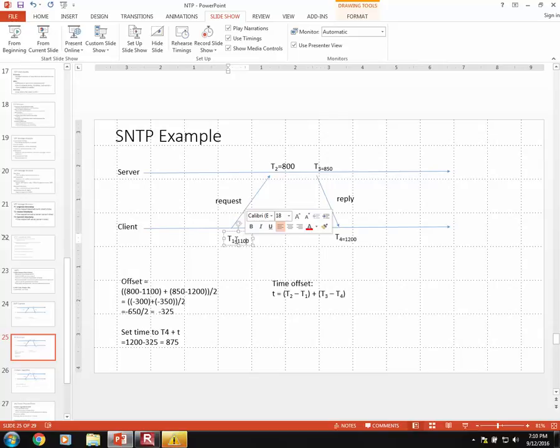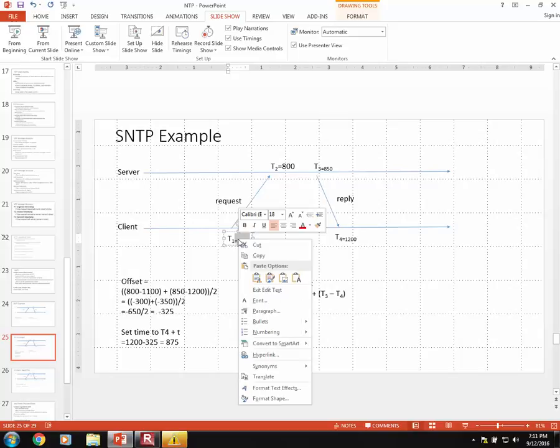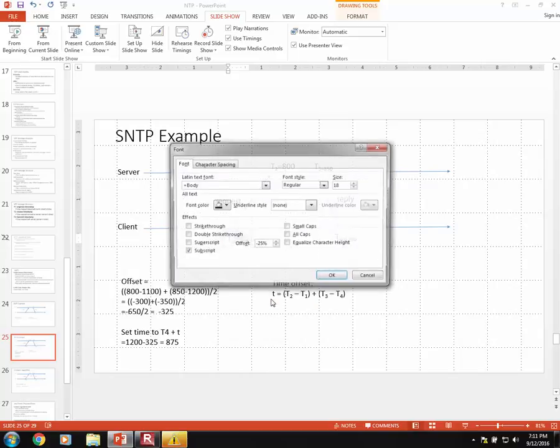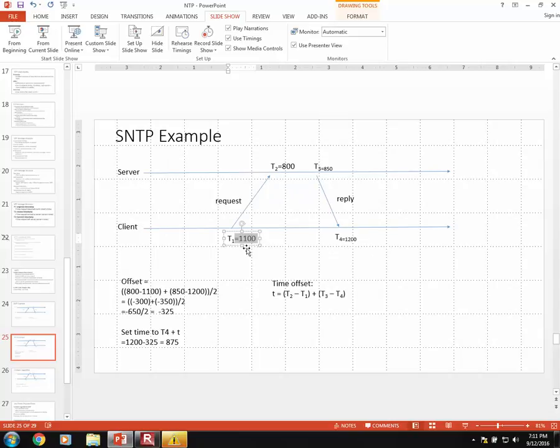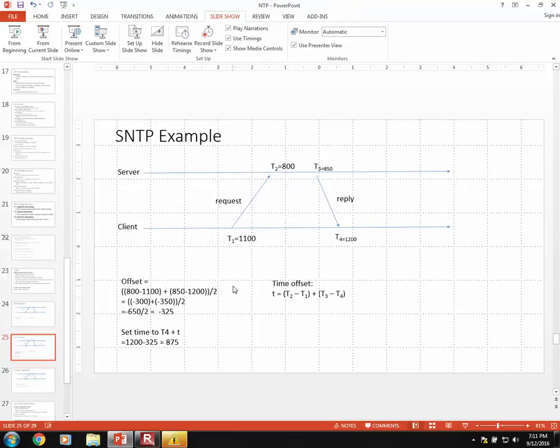Imagine that you have on the client, they're obviously set at different times. They're a little bit off from each other. You have time T1 on the client set to 1100, so it's way off compared to the server.